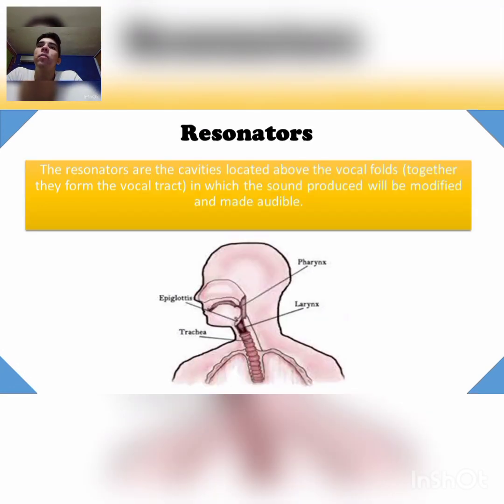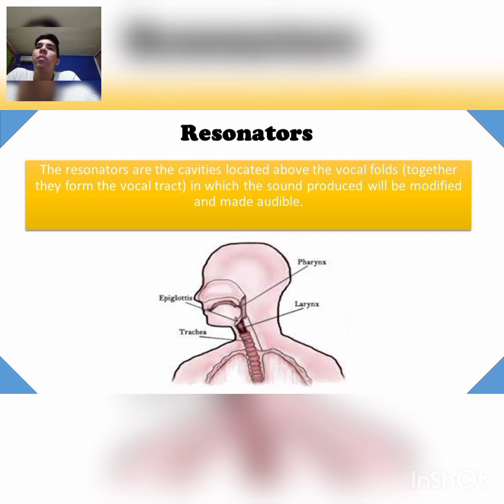Resonators. The resonators are the cavities located above the vocal folds. Together they form the vocal tract, in which the sound produced will be modified and made audible. The shape and position of the resonant cavities will determine the tone of our voice.